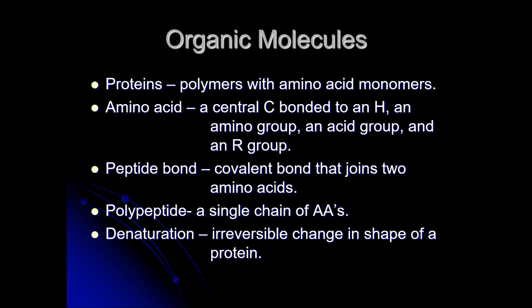The sheets can unfold and these alpha helix structures, which are kind of like little spiral strings, can unspiral. When that happens, the protein's shape is changed, and often that means it won't function the way it's supposed to, especially enzymes that are supposed to bind to something.